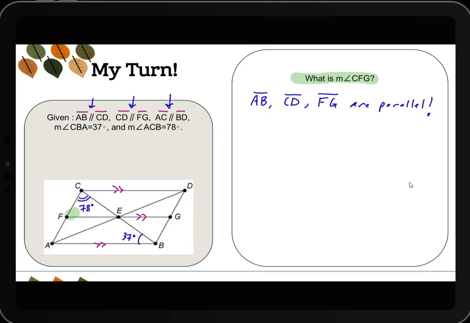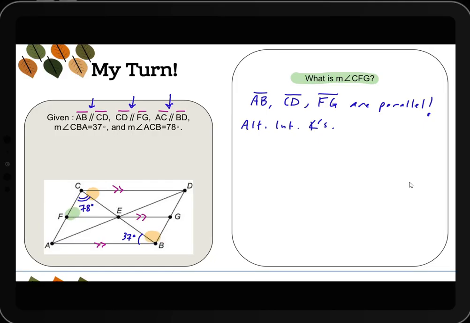And we're going to use alternate interior angles to help us determine the measure specifically of this angle right here and this angle right here. Now, in this case, I don't necessarily need this angle that I just referenced below, but I'm just going to justify it as part of the problem.